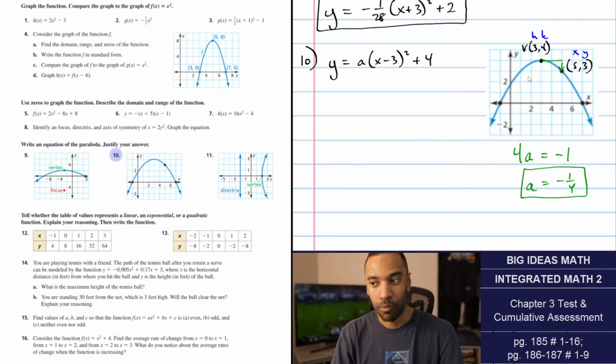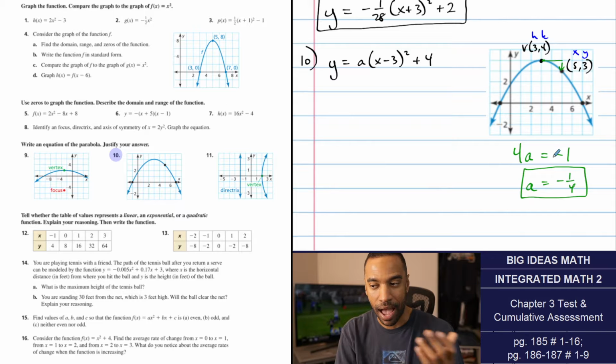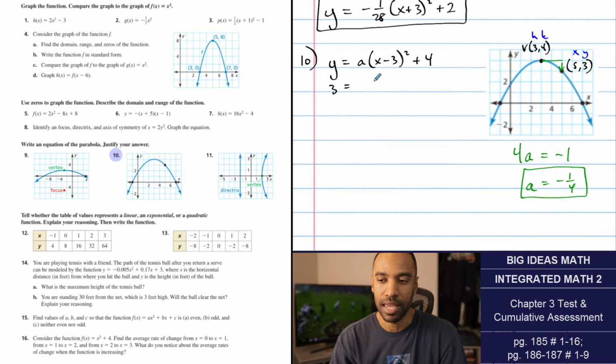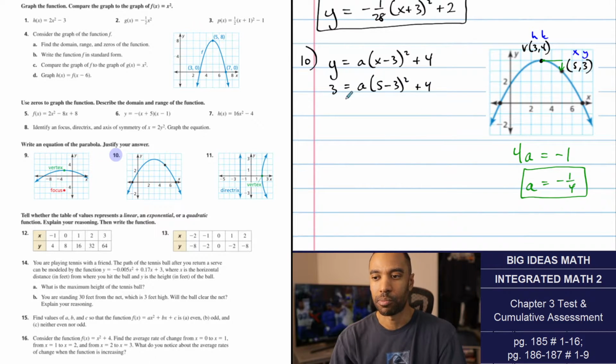Now, that's my way of doing it. You don't have to write that if you know what you're doing with it. The other way of going about this, of course, is substituting in the y and x. X is 5, y is 3. So 3 equals a times 5 minus 3, quantity squared, plus 4. I'm going to subtract 4 from both sides and get -1.